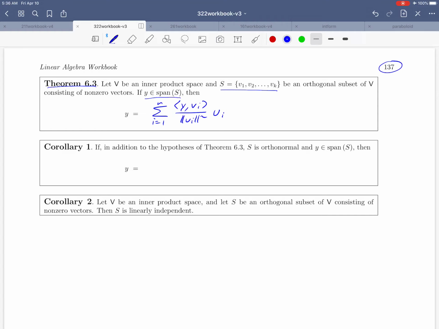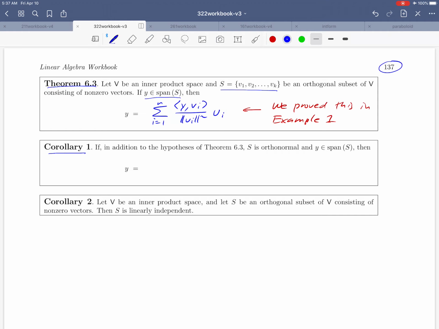And I'll make the comment, we actually proved this formula back in example 1 on the previous page. So we kind of already know this theorem from before. All right, and the theorem has a couple of useful corollaries to it, starting with corollary 1 here.